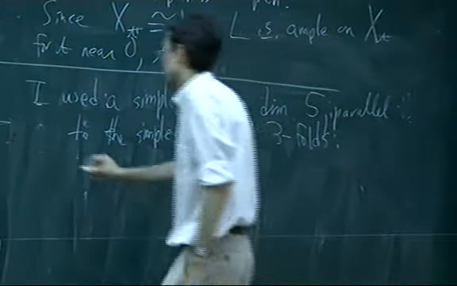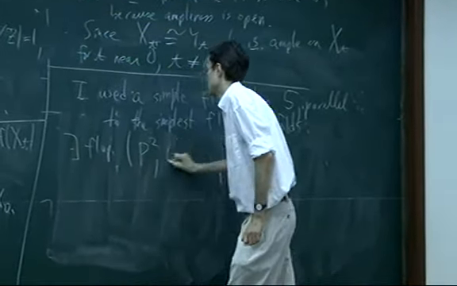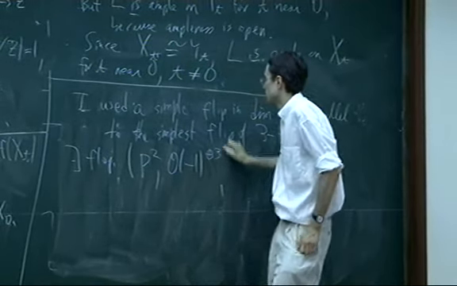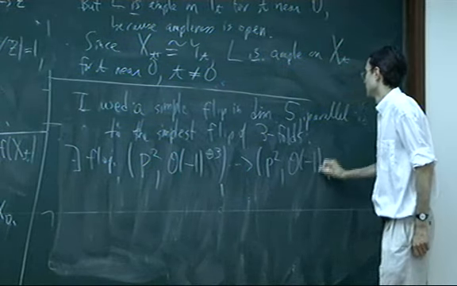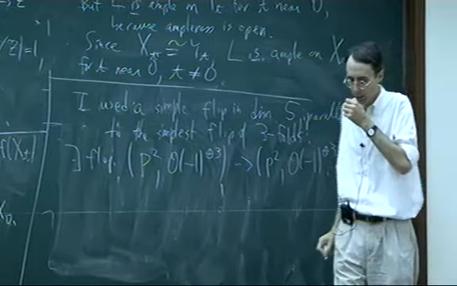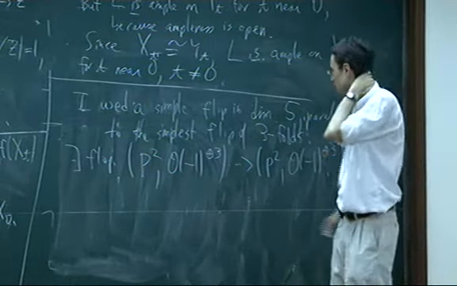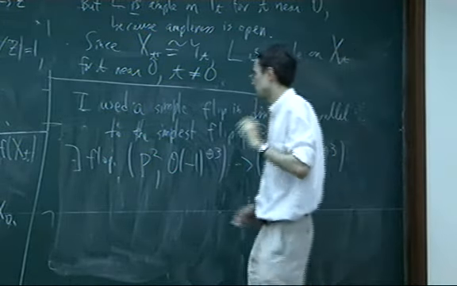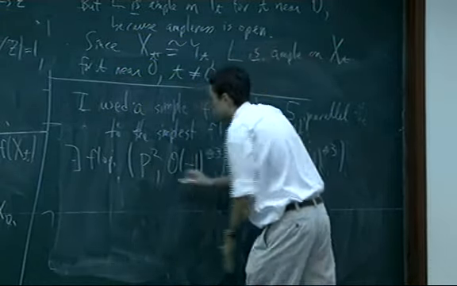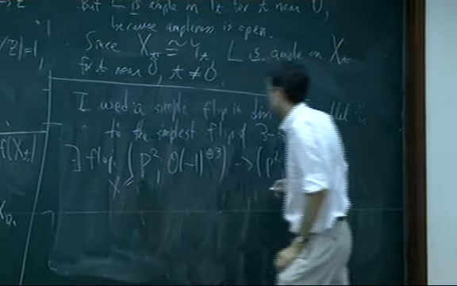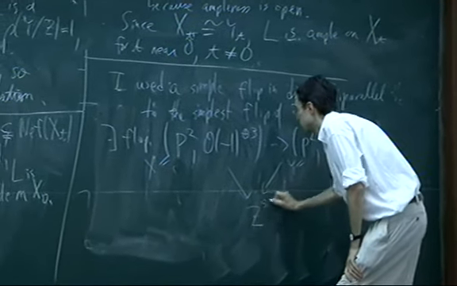You start with a flop from the total space of a certain rank 3 vector bundle over P2, mapping to the total space of the same vector bundle over P2. This is the simplest example of a flop between two projective varieties. This total space is something like my X, this is something like my Y, and they both map down to some other variety Z of dimension 5.